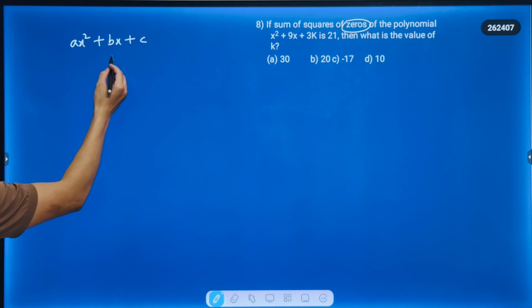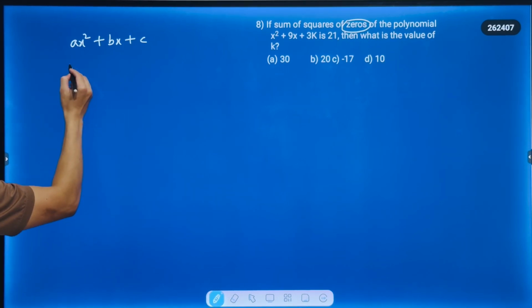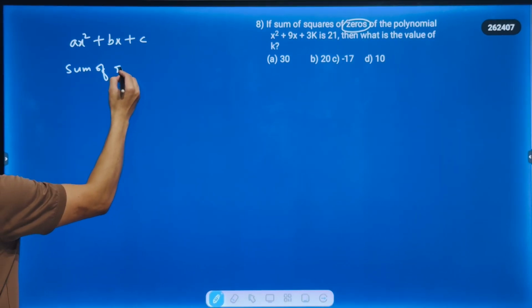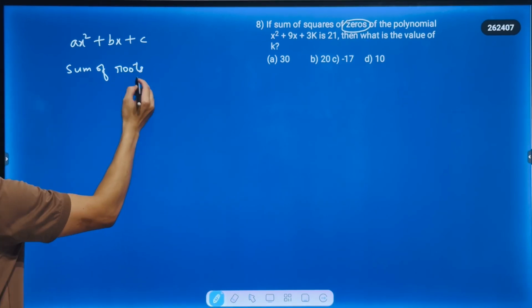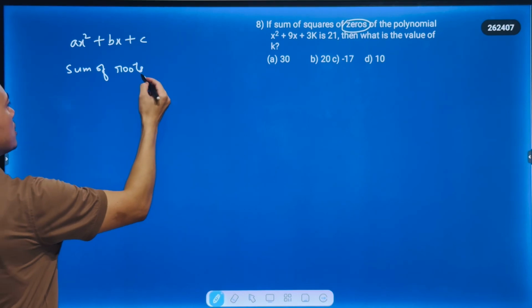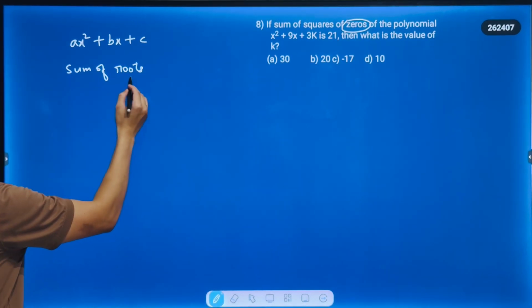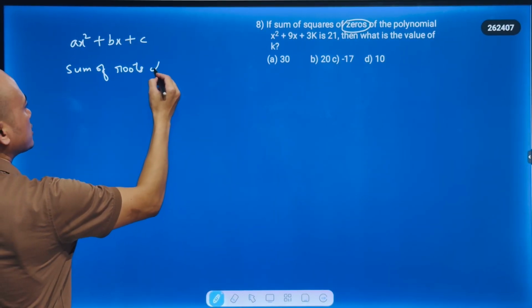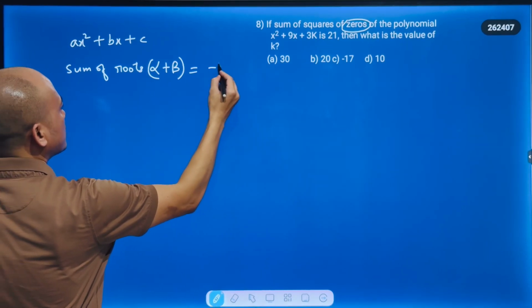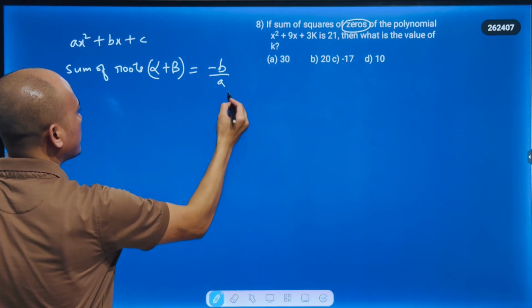in such a case, sum of roots or zeros, here we can use roots instead of zeros. Sum of roots means adding the roots. Suppose one root is alpha and one root is beta. Alpha plus beta is equal to minus b by a.